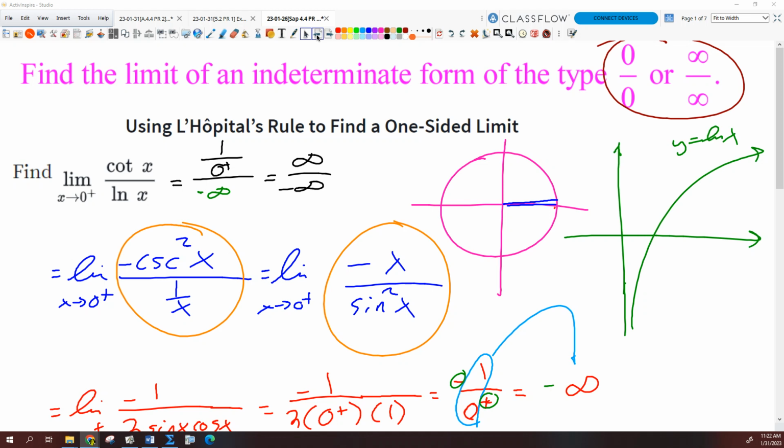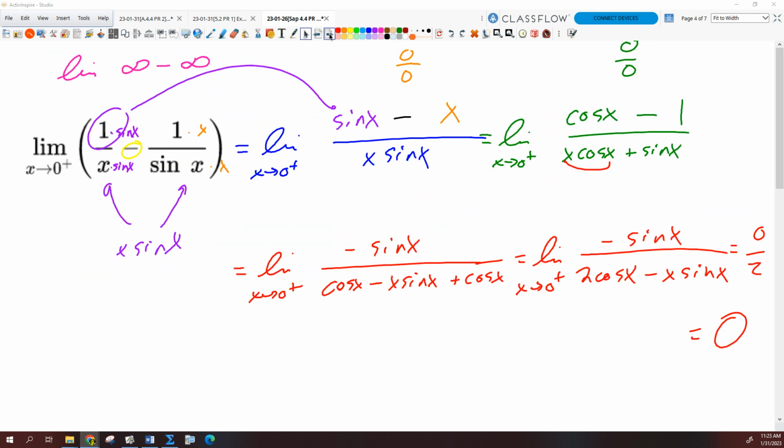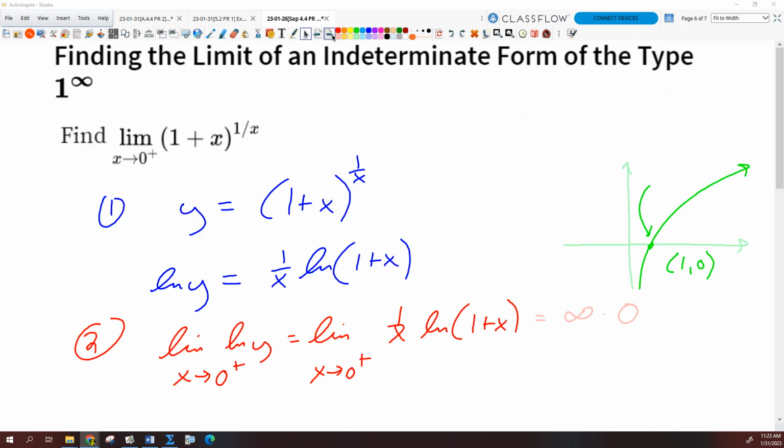Here's one where we ended up with infinity over infinity, right? So all we had to do was differentiate the top and the bottom separately until it's no longer indeterminate, right? Okay, so that's no big deal. Once we get down to a ratio 0 over 0 or infinity over infinity, we're good. Then we can just crank out L'Hopital's rule and not a big deal.